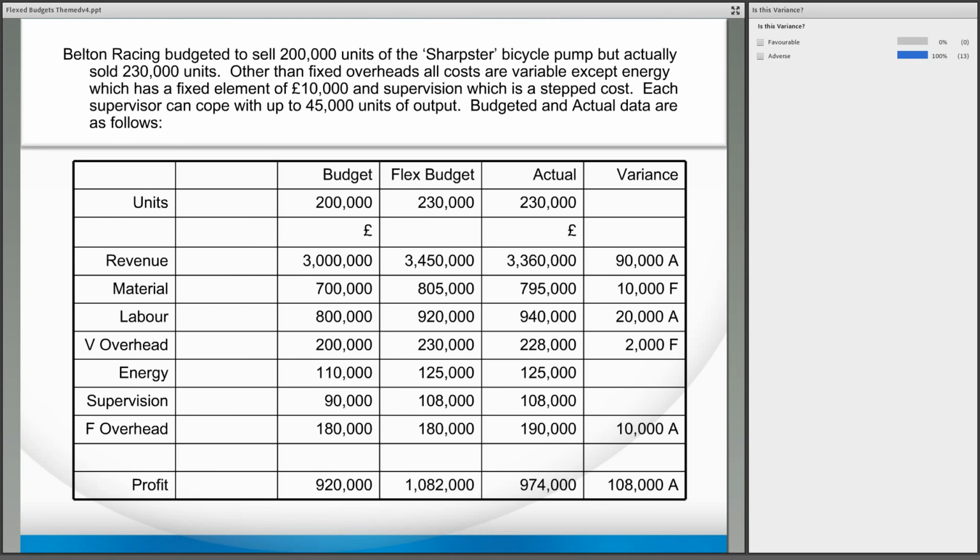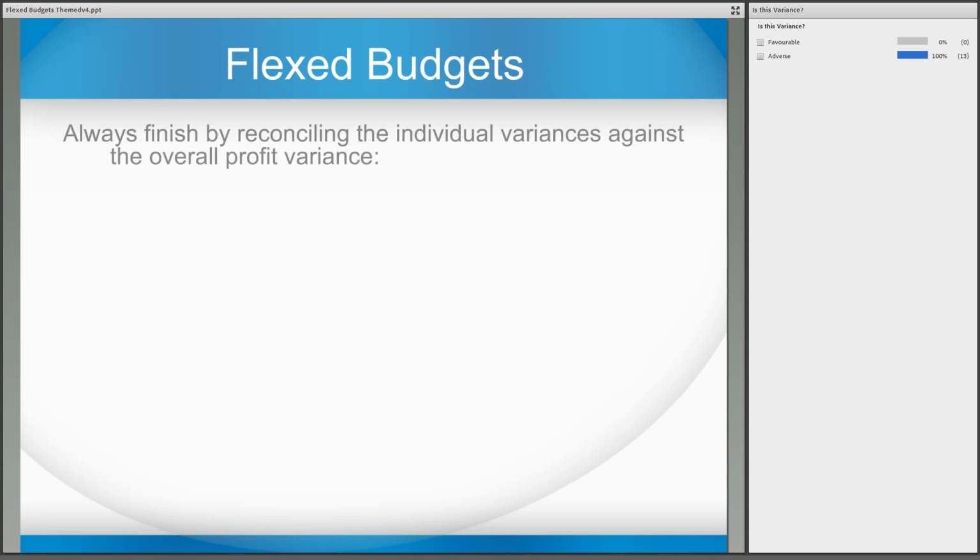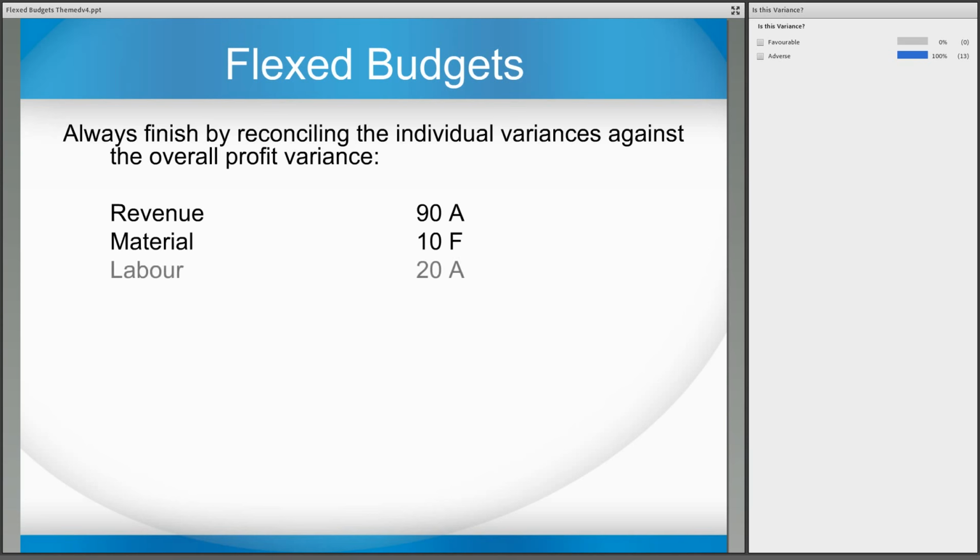But what's worth doing is reconciling that the difference in our profit of 1082 and 974 is actually explained by the variances. If we reconcile one against the other, that'll give us a reasonable degree of confidence that we've got things right. So if we look, we've got a shortfall on revenue of 90, material saving of 10, labour adverse of 20, variable overhead favourable of 2, fixed overhead 10.